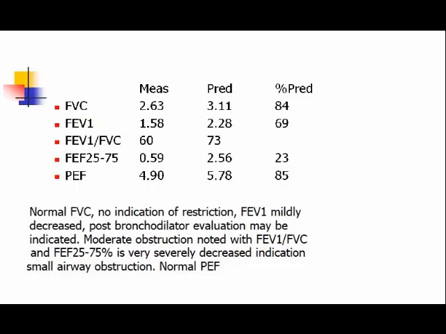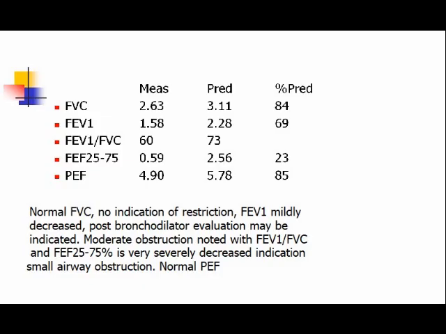Now, if all we had was the pulmonary mechanics to evaluate the patient, maybe this is a bedside spirometry or something on that order, the interpretation would read such as this: normal FVC, no indication of restriction.